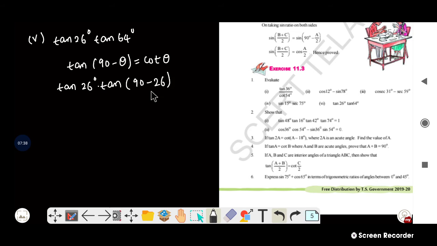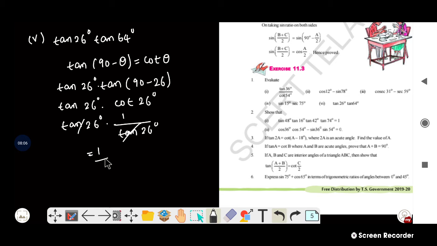Okay, then only we got the 64. Then tan 26 degrees into cot 26 degrees. So cot means 1 by tan. Then 1 by tan 26 degrees. It will get cancelled and the answer is also 1.